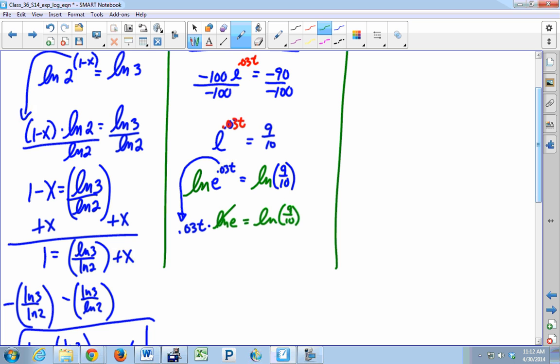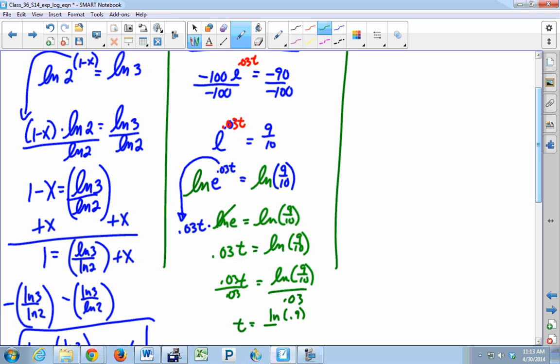So that goes away, and I simply get 0.03t equals the natural log of 9/10. To solve for t, now it looks like what you're used to seeing. I divide both sides by 0.03. So t equals the natural log of 9/10, divided by 0.03.